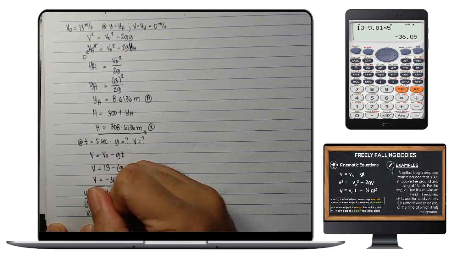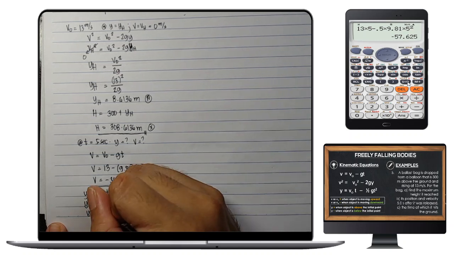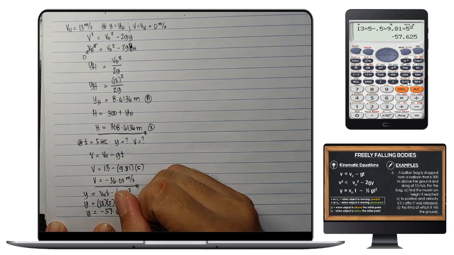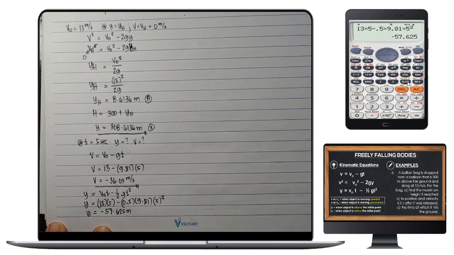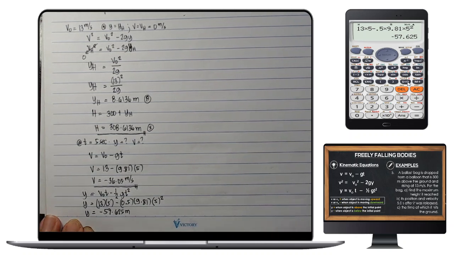So, masosolve natin si y. So, y natin is 13 times 5 minus 1 half g, that is 9.81, t square, that is 5 square, equals, so negative 57.625 meters.